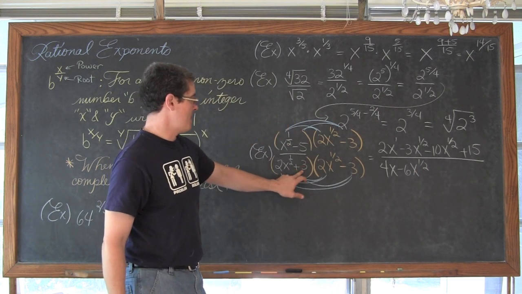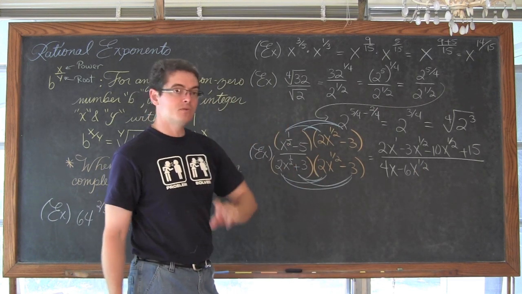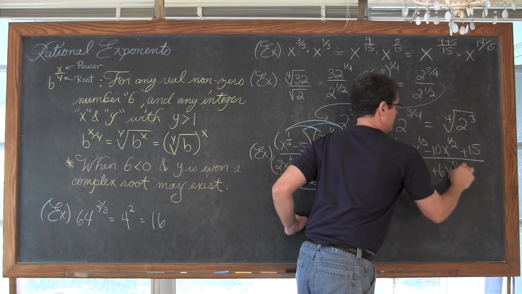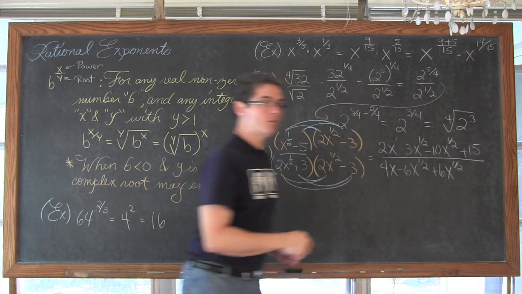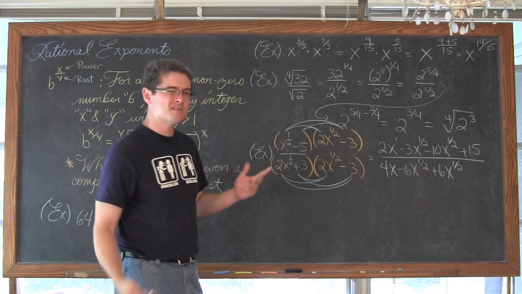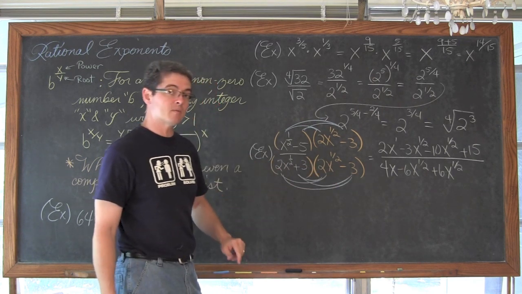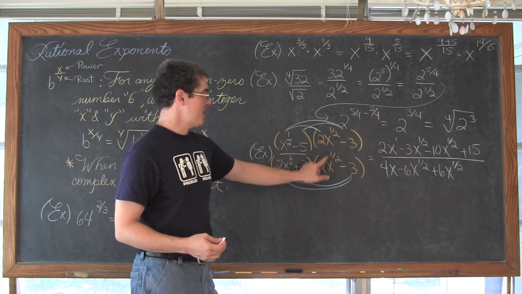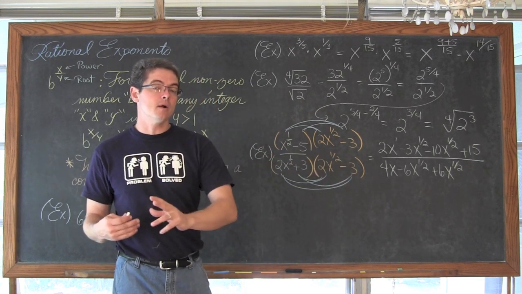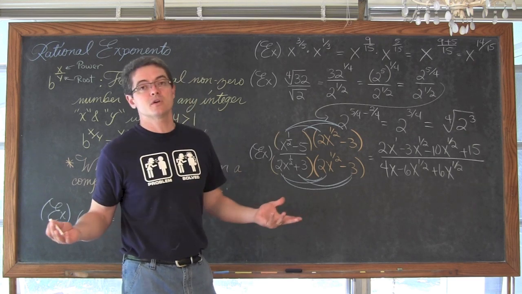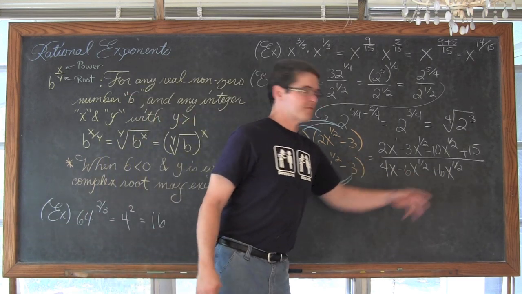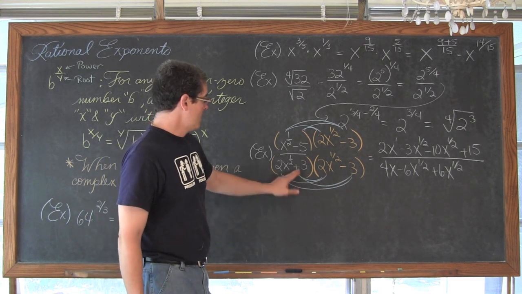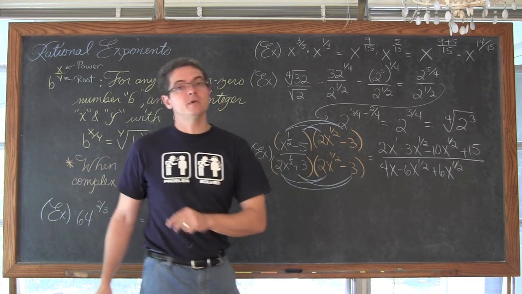And then we have positive 3 and positive 2, so we're going to get positive 6x to the 1/2. See how these are going to cancel out? That's why we want to multiply by the conjugate. This is a difference of squares pattern, by the way. If you've just learned factoring, a plus b times a minus b is a squared minus b squared. There's no middle term. I'm just doing this for teaching. It's kind of academic. I know that those middle terms are going to cancel out anyway. Positive 3 times negative 3 is negative 9.